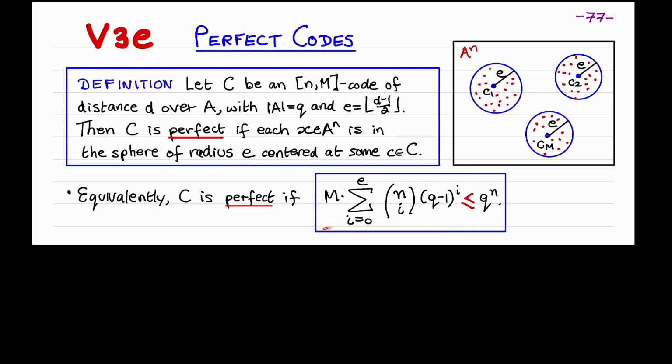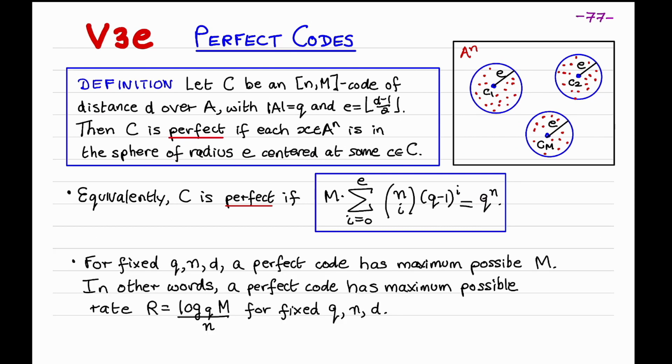And so the left-hand side counts the total number of vectors in all the M spheres of radius E centered at the code words. Equality means that there are no vectors in the Venn diagram that do not belong to some sphere of radius E about a code word.